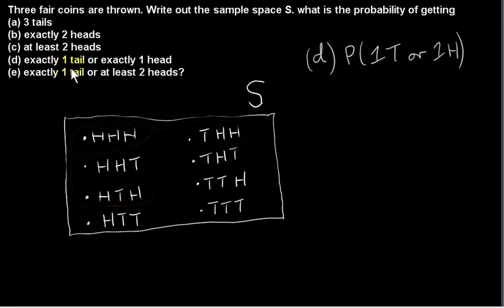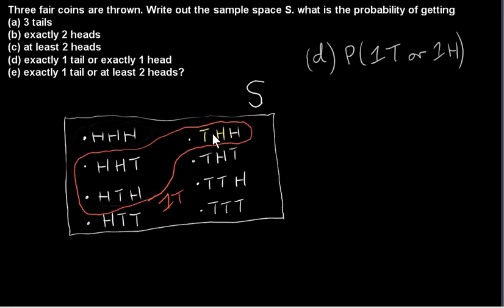Now in part D, we want the probability of getting exactly 1 tail or exactly 1 head. So I'm going to call those two events 1t and 1h. So I will just indicate the event 1t. So all outcomes in here just consist of 1 tail.